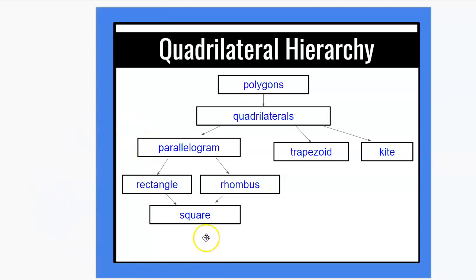So if we look at this from the bottom going up, we can see which things are in more than one category. So this rectangle is also a parallelogram. A rhombus is also a parallelogram, but the rectangle and the rhombus do not fit into each other's categories. All of these fit into the category of quadrilateral, which fits into polygons.